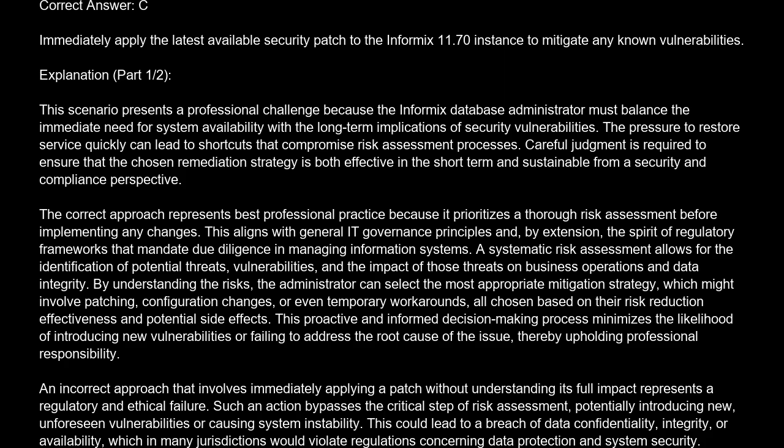By understanding the risks, the administrator can select the most appropriate mitigation strategy, which might involve patching, configuration changes, or even temporary workarounds, all chosen based on their risk reduction effectiveness and potential side effects. This proactive and informed decision-making process minimizes the likelihood of introducing new vulnerabilities or failing to address the root cause of the issue, thereby upholding professional responsibility.